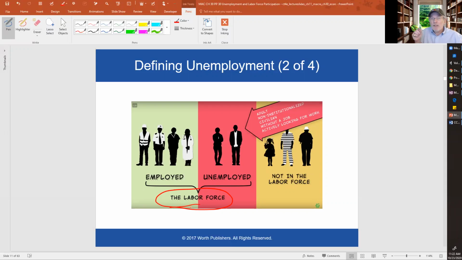The labor force is the total of the number of people who are employed, working and being paid, and the number who are unemployed. By unemployed, we're using the definition I just gave you: at least 16, not institutionalized, they don't have a job, and they are actively looking for work. Anyone who doesn't fit into one of these two categories won't show up at all in the unemployment figures. They are not in the labor force.